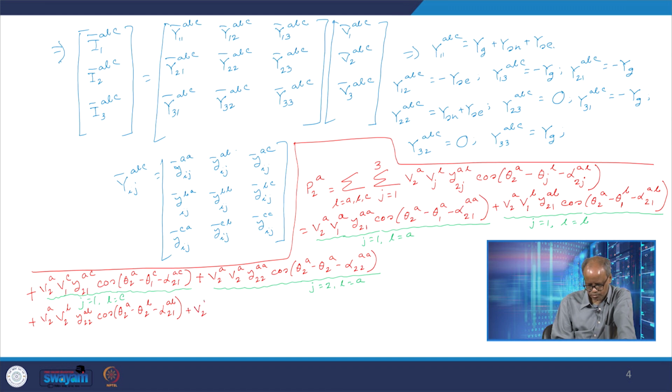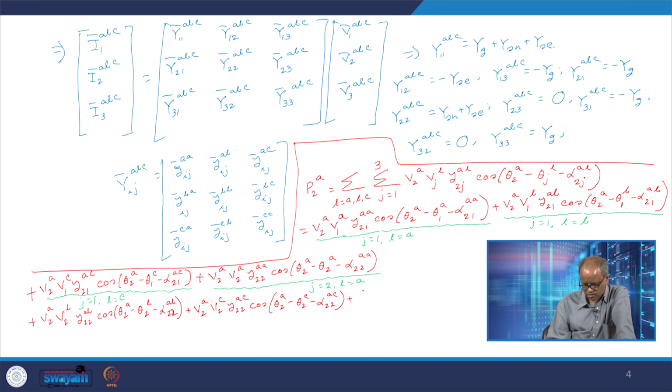Plus V2A, V2C, Y22AC cosine theta 2a minus theta 2c minus alpha 22ac. This is wrong. This is 2.